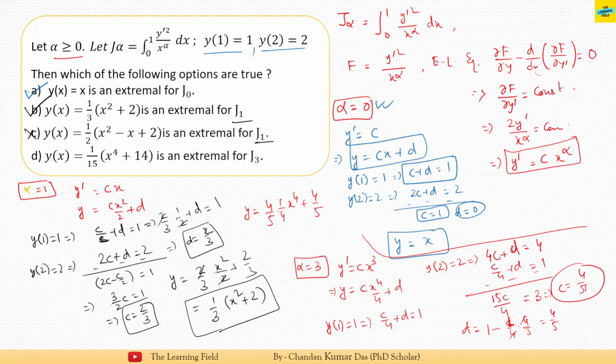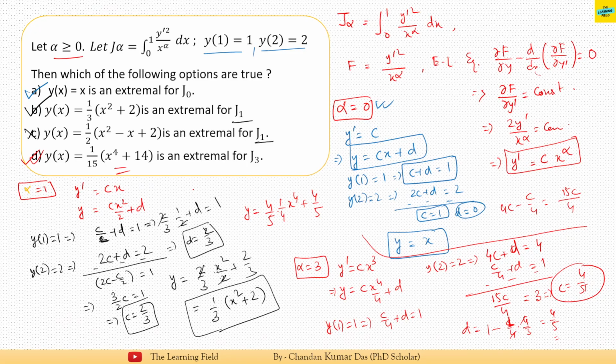Okay, then what happened? 4c minus c by 4, 4 common, 16 minus 1, 15c. So what is the mistake? In the exam, this option is also true.